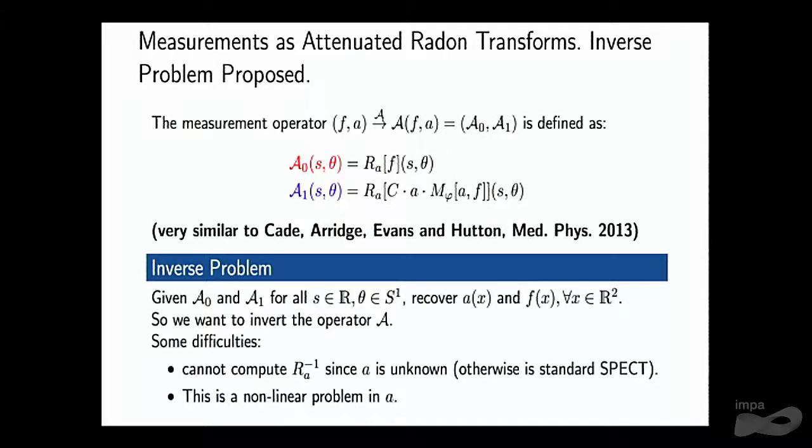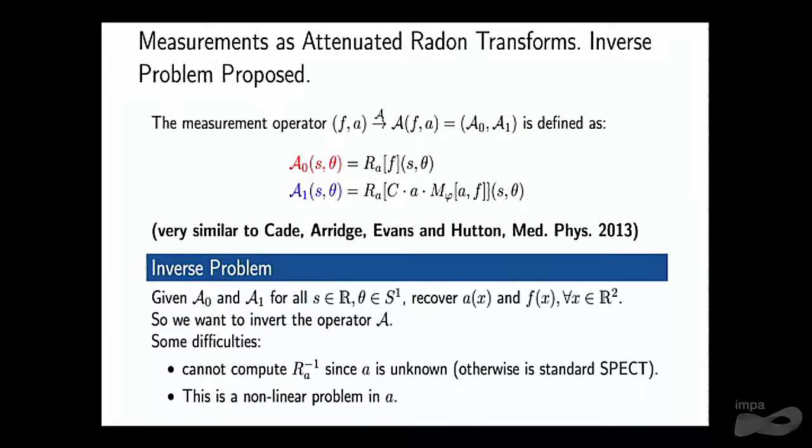But we can go further with that. We will consider that the measurement depends on this scattering phi here. This is a summary of the measurements written in a simple mathematical manner.